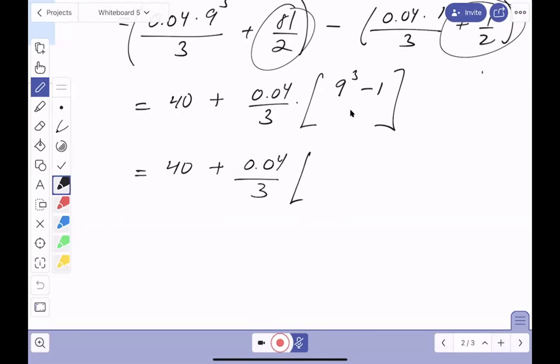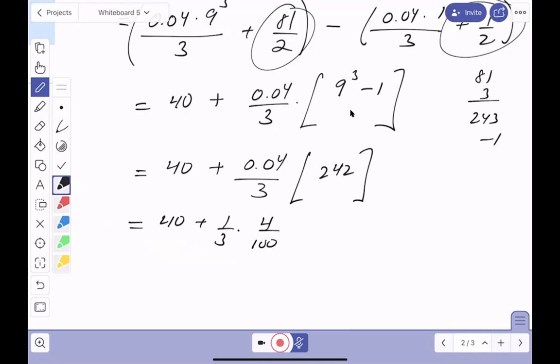Well, 9 cubed is going to be 81 times 9, so 729. And 729 minus 1 is 728. Now, I got to do more arithmetic. This is 1/3. This is 4 over 100 times 242. I know what you're saying. Use a calculator, use a calculator.